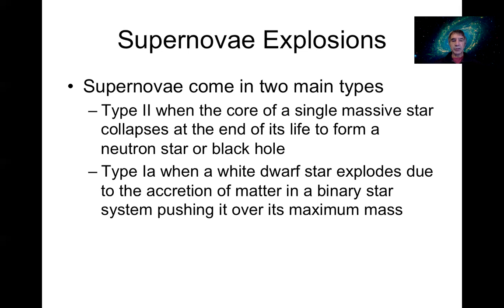So that sort of binary system can give rise to a different type of supernova, and these are referred to as type 1a. Again, don't get too hung up on the names, but type 1a are basically white dwarfs pushed over the limit that explode, whereas the type 2s are just the normal single massive star at the end of its life exploding. But basically, both of them give rise to the same type of supernova explosion, the same energetics.